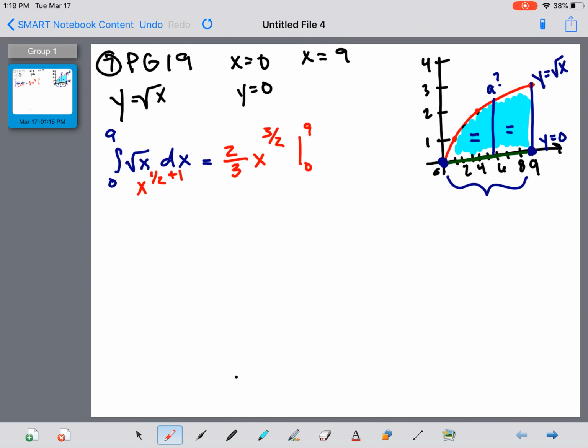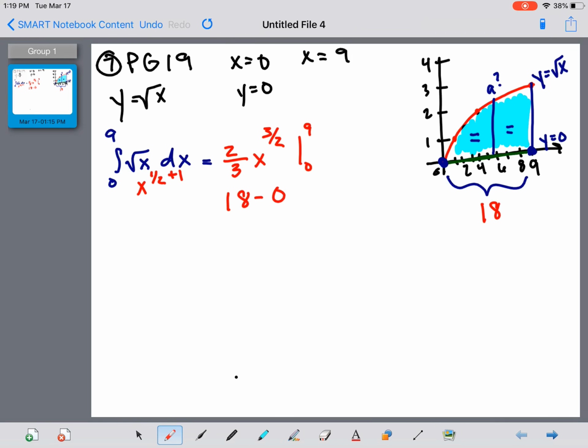I'm going to plug in 9. I'm going to use my calculator to do that. So 2/3 times 9 raised to the 3/2 gives us 18. Minus, we plug in 0, we get 0. So we know that this area is 18 units, all right?